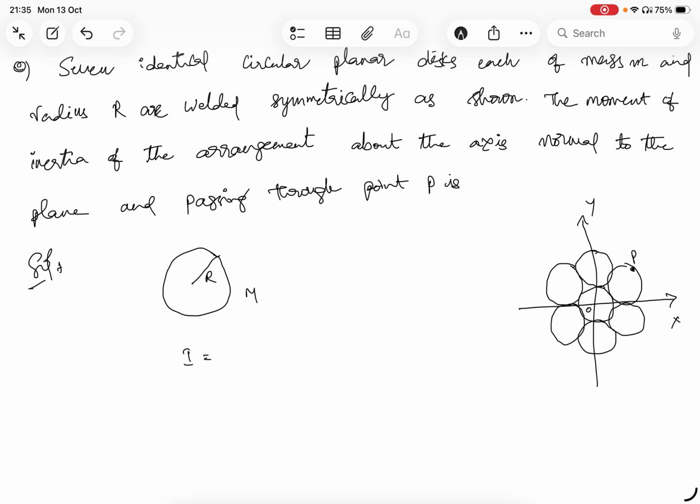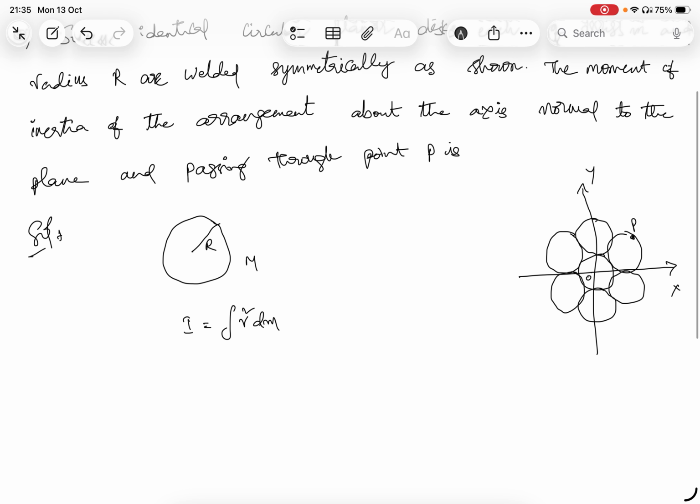From the formula I equals integral of r squared dm, for this case, figure out the elemental mass. Because this has circular symmetry, let's assume a strip of mass dm, at radius r with thickness dr. Right?